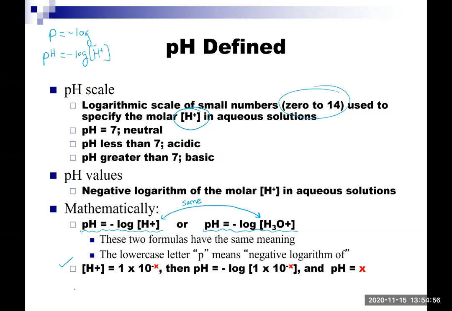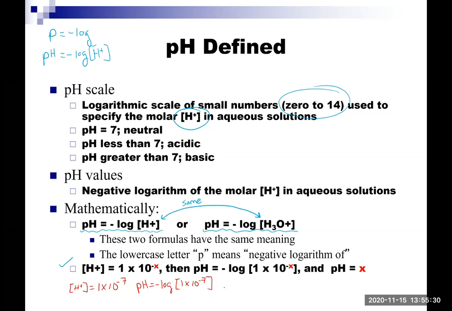So we have H plus equals 1 times 10 to the minus 7. And let's just look at what kind of a pH something like that would give us. Well, it says the pH equals the negative log of our H plus concentration, which is 1 times 10 to the minus 7 in this arbitrary case that we started.